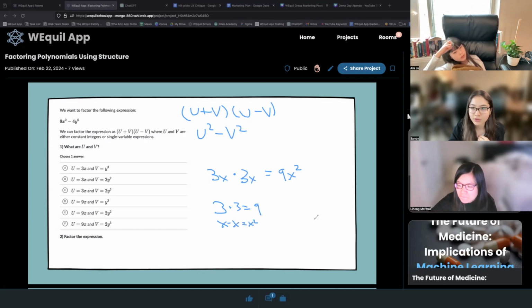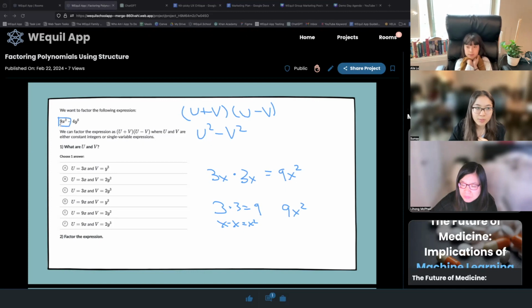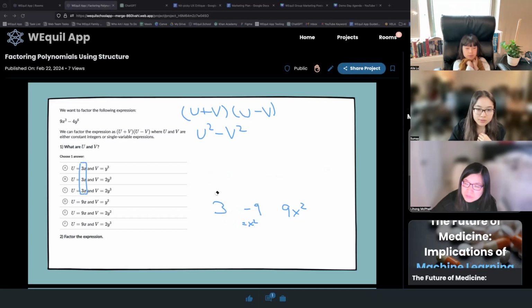Because x squared just means x times x, and 3 squared means 3 times 3. So then you're just taking 9x squared, right? And that's one part of this problem. So we know that it's one of these answers, right? Oh, I see.